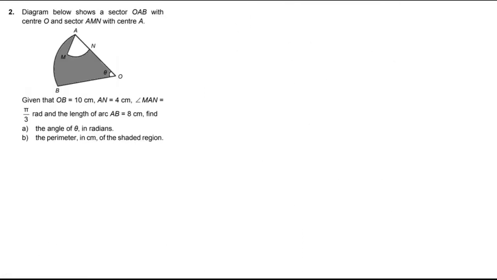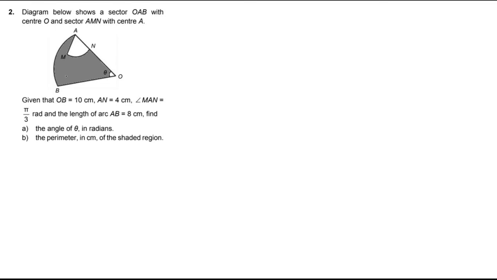One more question. The diagram below shows a sector OAB with center O and sector AMN with center A. So here we have two sectors, a bigger sector OAB and a smaller sector AMN.